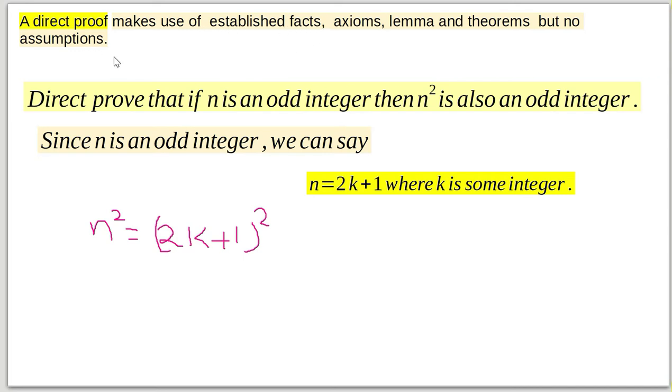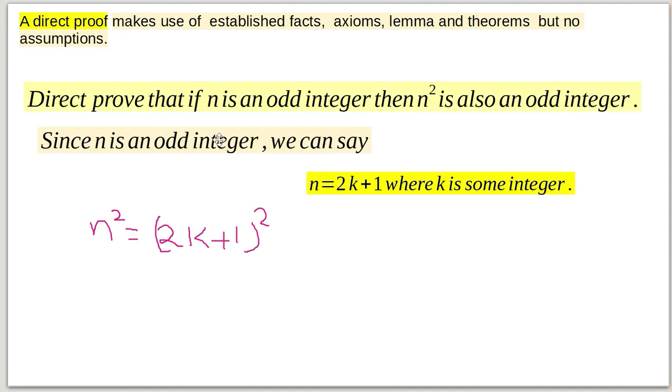Now let's look at a question that we want to use direct proof to prove. The question is: prove directly that if n is an odd integer, then n squared is also an odd integer.